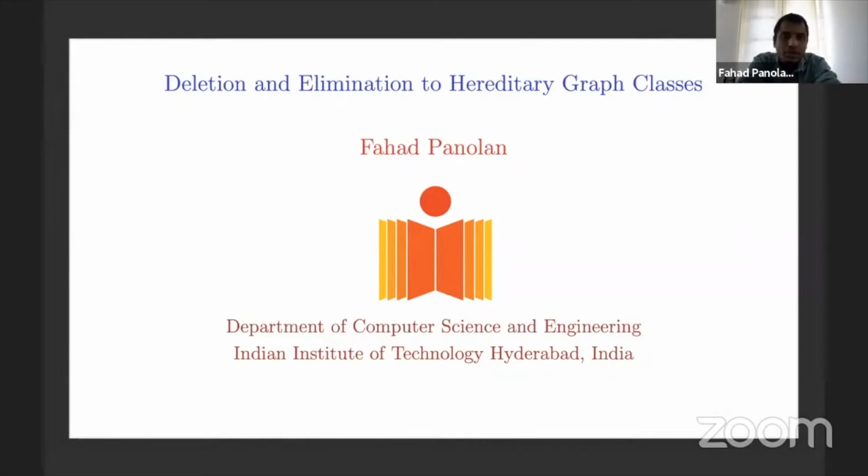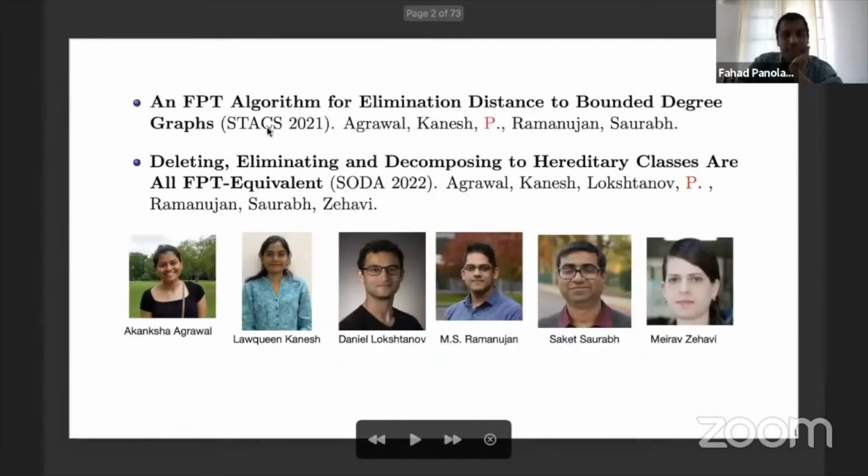So these 2 talks are based on 2 papers, which are listed here: FPT algorithm for elimination distance to bounded degree graphs, and deletion and elimination and decomposition to hereditary graph classes are equivalent. And thanks to the co-authors of these papers, and they are here, like Akanksha Agrawal, Lokshtanov, Kanesh, and Daniel, MSR, Saket, and Meirav.